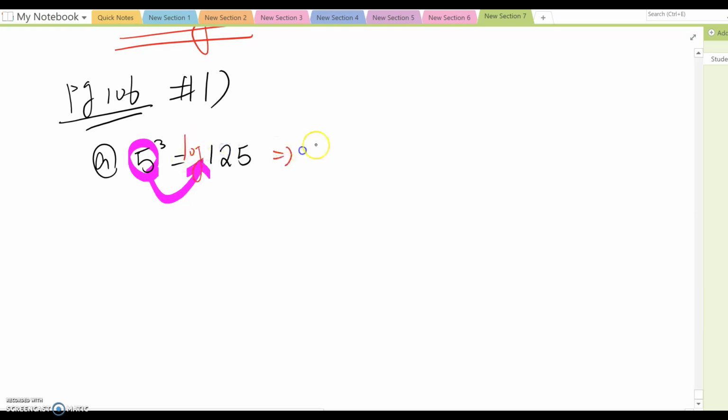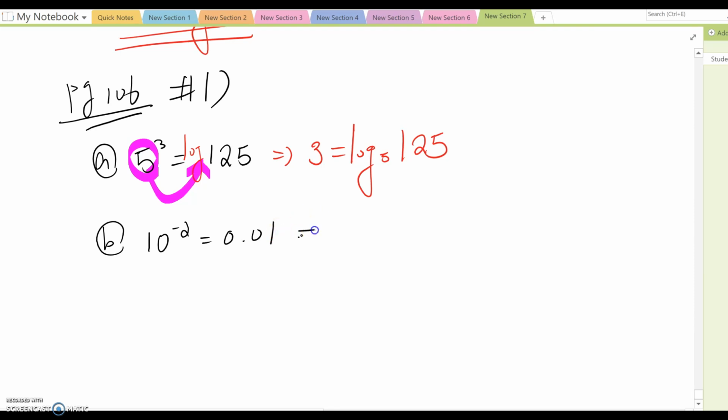So this becomes 3 equals log base 5 of 125. Now b, 10 to the negative 2 equals 0.01. Doing exactly what we have done here, negative 2 equals log base 10 of 0.01.